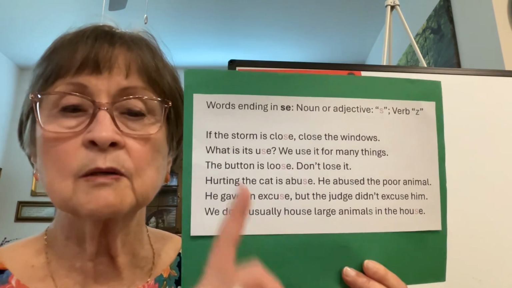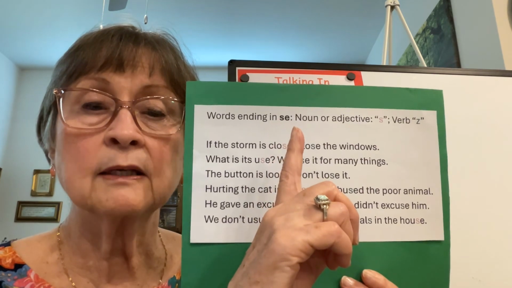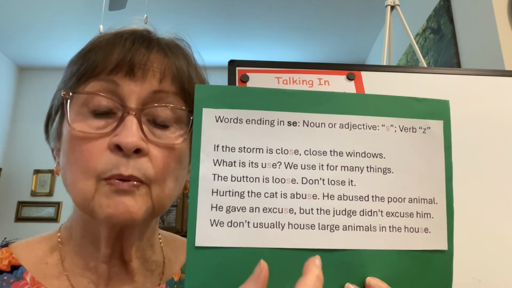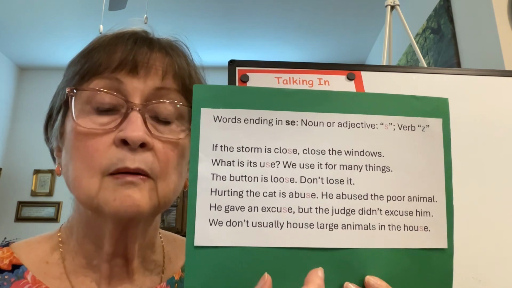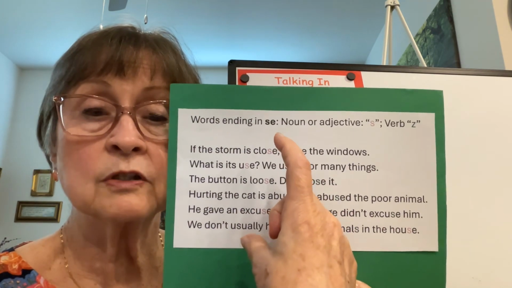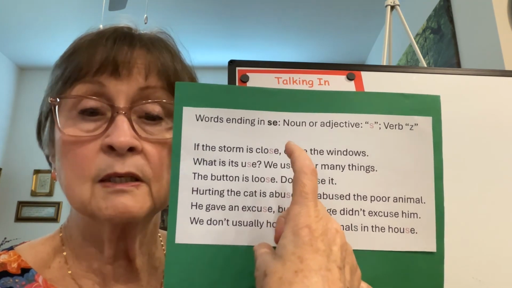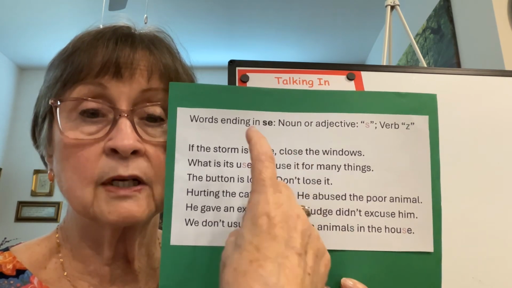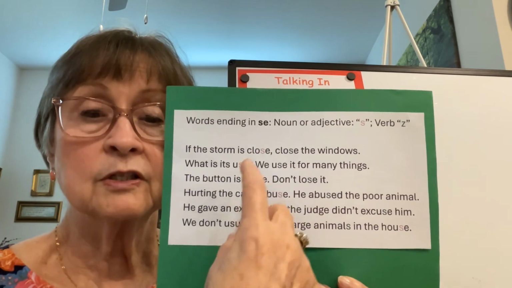Okay, now let's look at some words that end in S and silent E. This can be a problem sometimes. So here is a rule for these words and just a few words like them, but it doesn't apply to all words that end in SE. It's just these words.